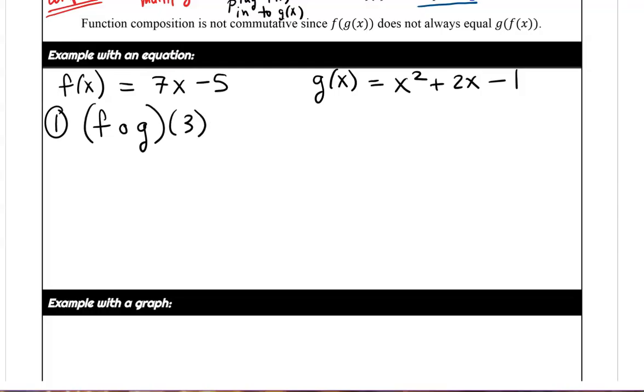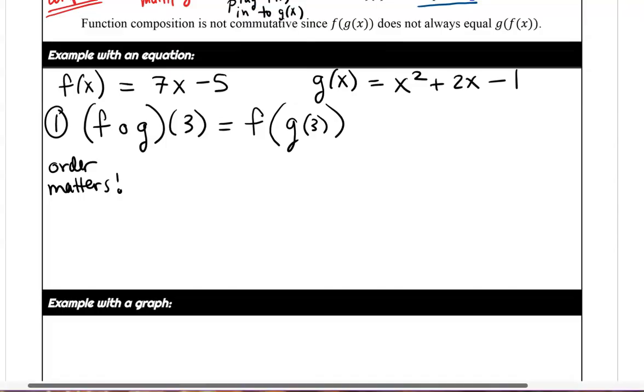So notice I changed the order here because I want you to understand order matters. So this means the same thing as f of g of 3. It's saying take 3, that's the x value. That means x is 3. You take that and you plug it into g.